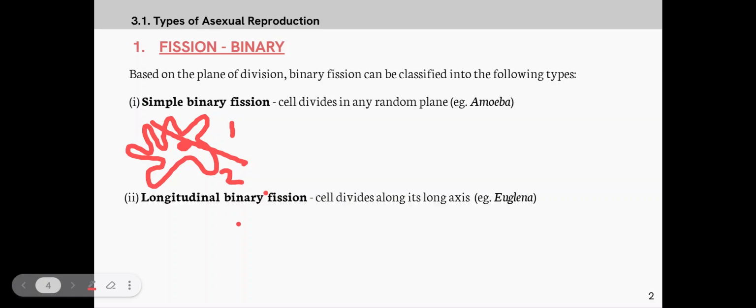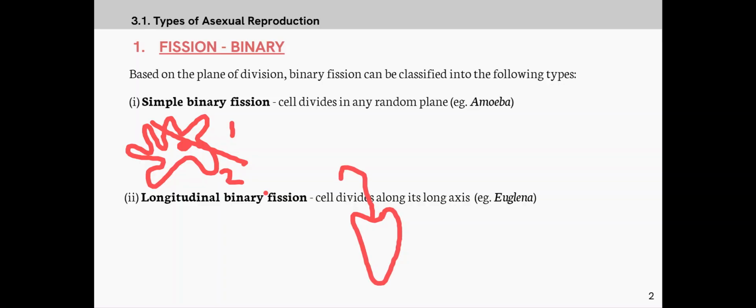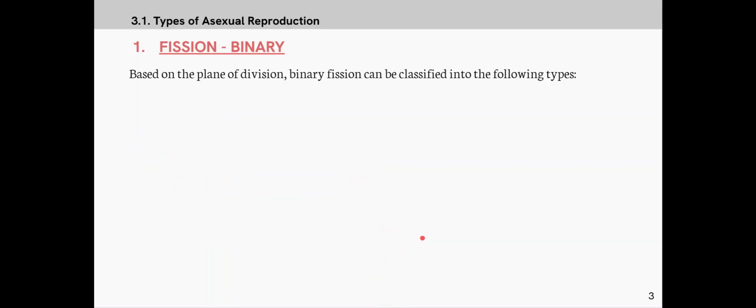Secondly, is the longitudinal binary fission, where the cell divides along its long axis. Example is euglena. So if I have to draw the euglena cell with its flagella, the division of the parent euglena occurs along the long axis, resulting in two daughter cells.